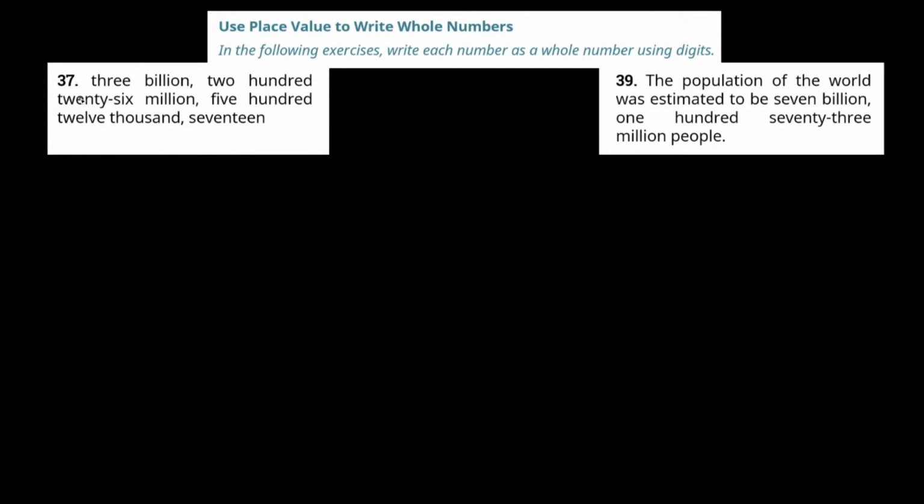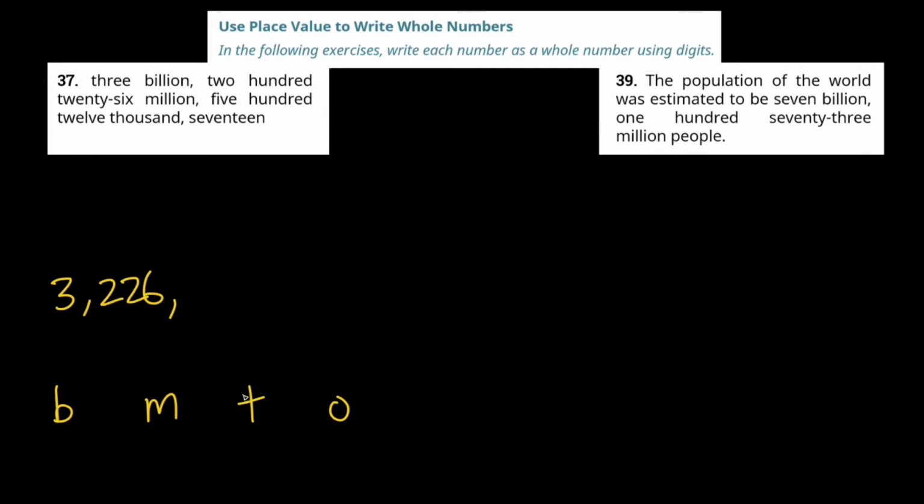The instructions are the same. So for 37, we have 3,226,512,017. Okay, so this is going all the way up to the billions. So I'm just going to write the first letter of each period. We have the billions, millions, thousands, ones. So let's start off with 3 billion, have a comma, and we have 226 million.